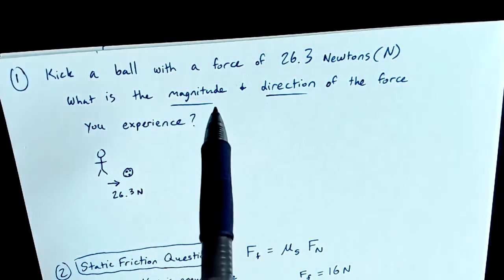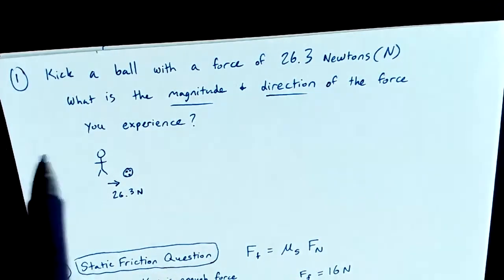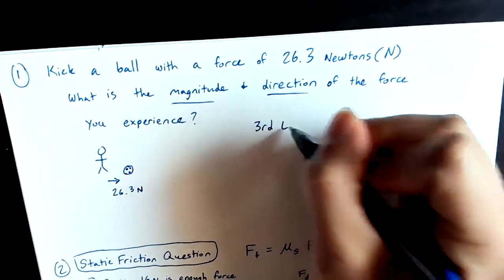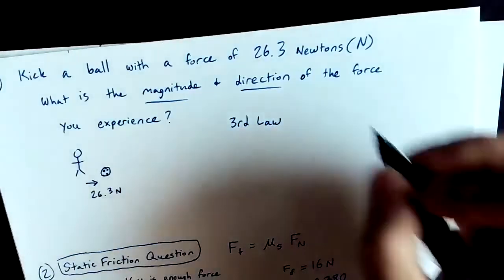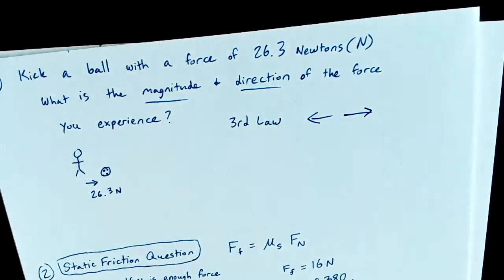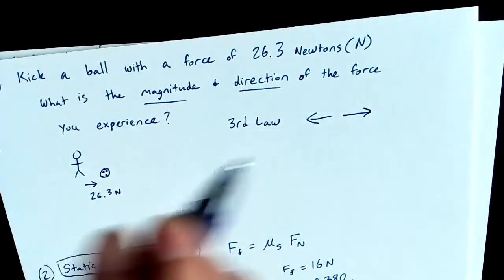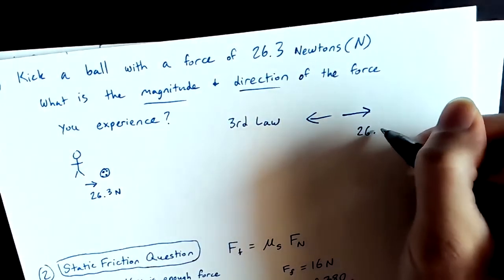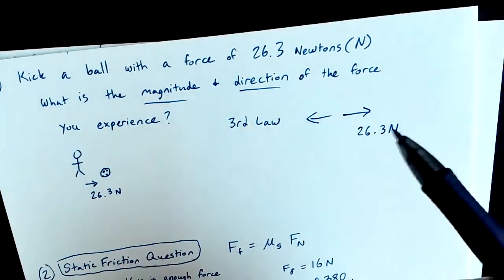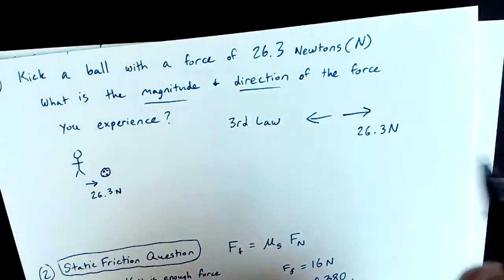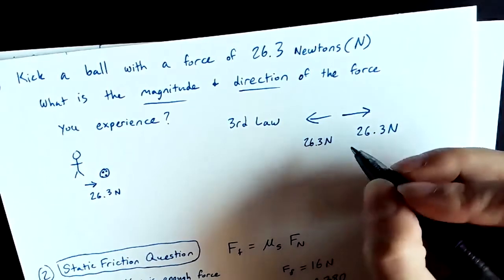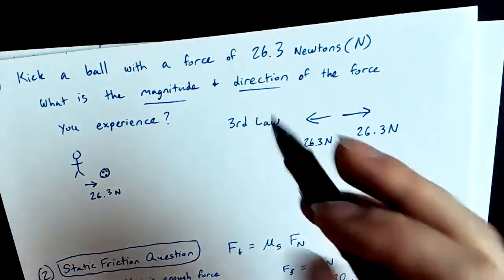But it's asking what is the magnitude and direction of the force you experience? So remember the third law. Newton's third law. Equal and opposite reaction. So if you kick it this way, 26.3 newtons, the ball also exerts a force on you in the opposite direction, right?